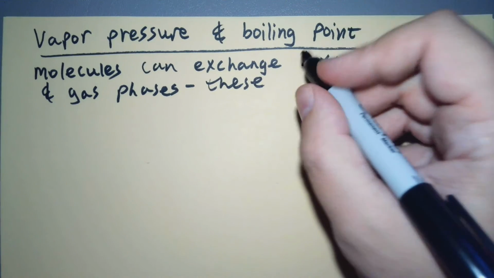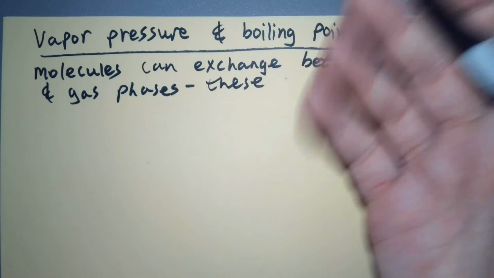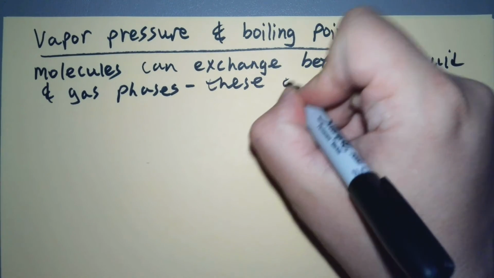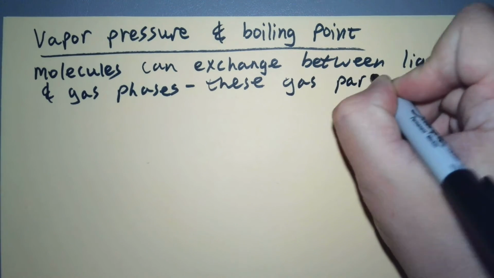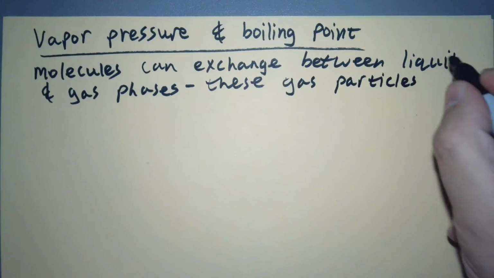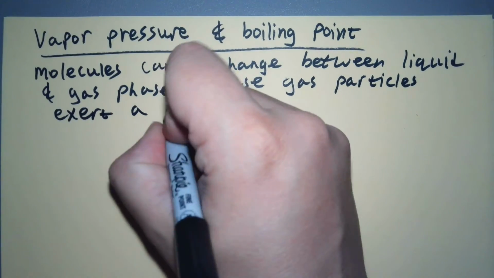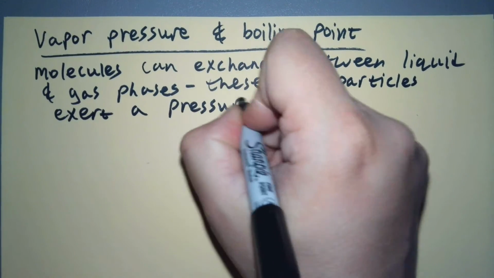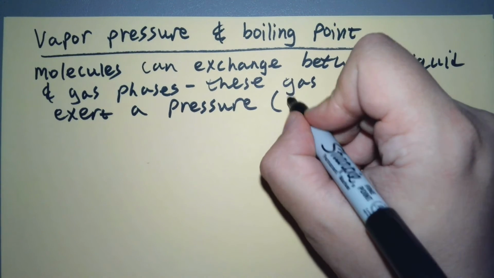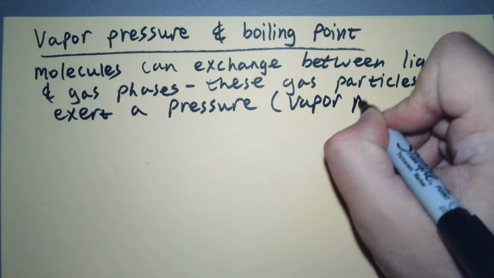We call this pressure vapor pressure because it's the vapor of the liquid. So we'll draw a picture here. Maybe that'll help make it clear.